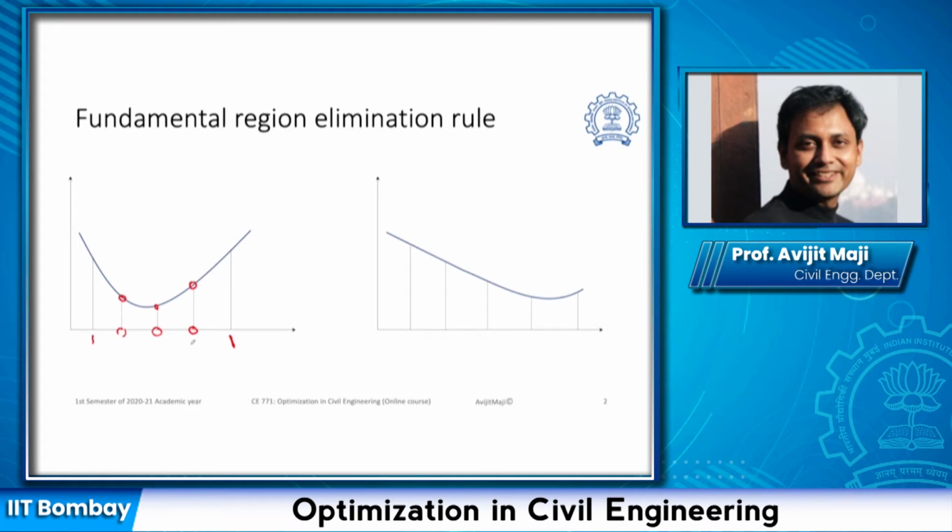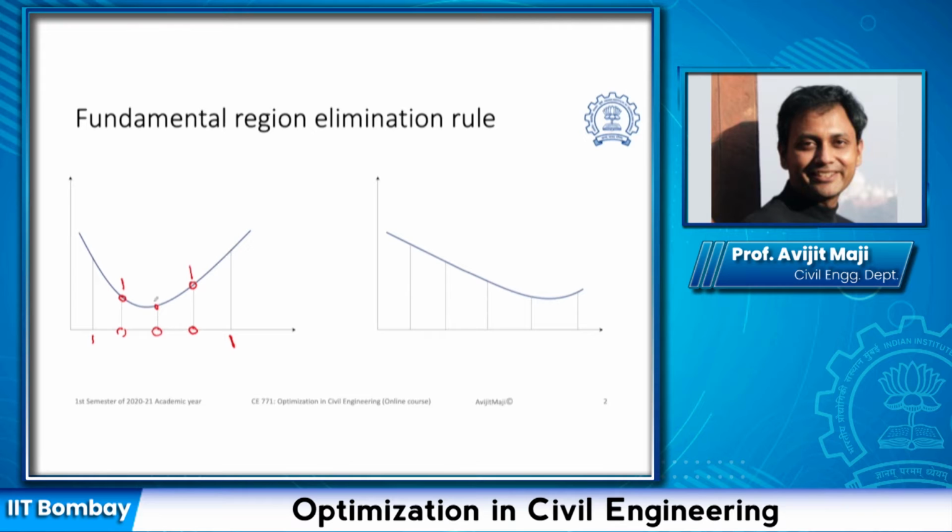In this case, it is very clear to us that in case of a minimization problem, my optimum solution is going to lie between these 2 points, as the point in between these two locations is yielding lower objective function value.